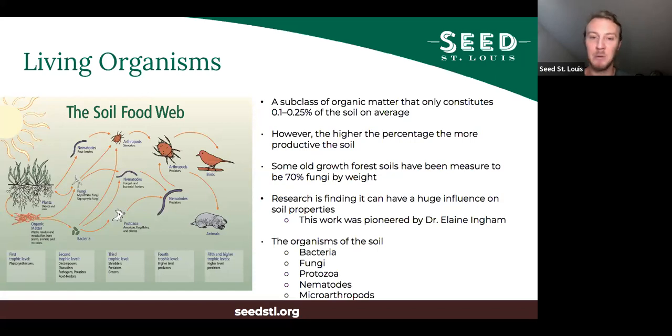There's a lot of biomass going on there. And research is finding that it can have a huge influence on soil properties as well. The way that the soil acts can be impacted by those soil organisms. This work was primarily pioneered by Dr. Elaine Ingham, but a growing number of researchers are doing this work.